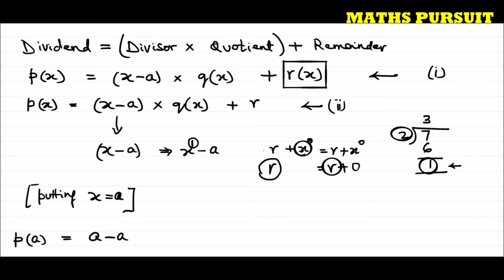How? Here, if you look, we have x minus a. Just replacing the value of x with a, we are getting (a minus a) into q(a), where q(x) is again replaced by q(a), plus r. Hope, guys, I am very clear till here.